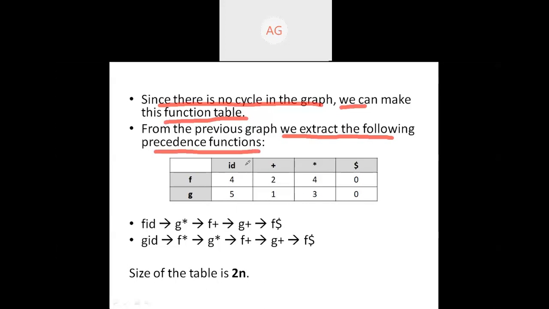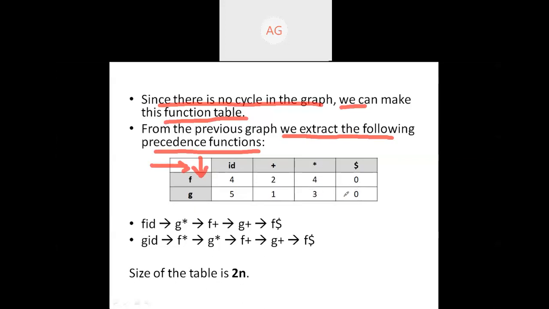We need to write all the terminal symbols row wise. So this row has been filled with all the terminal symbols. Here we have four terminal symbols, and this column has been filled with the functions. Basically we have two functions, the f function and the g function. Now how are we going to fill these entries?